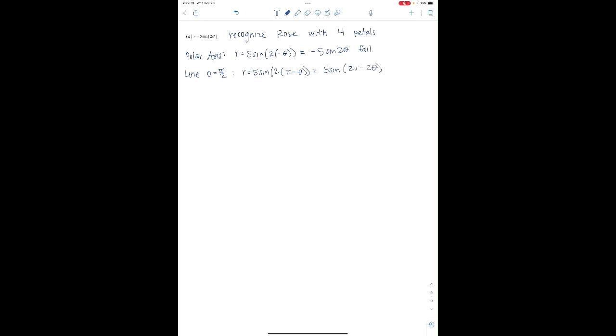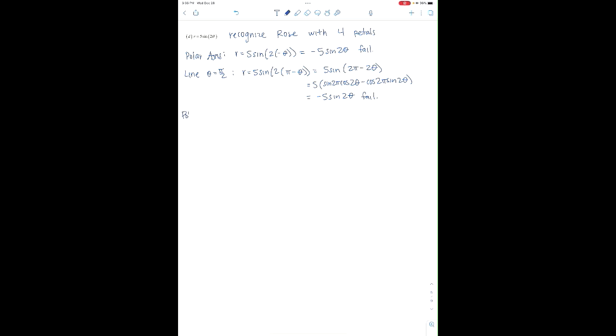Use our trig identities: 5 times sine 2 pi cosine 2 theta minus cosine 2 pi sine 2 theta. If we simplify that, we'll get negative 5 sine 2 theta, which is a fail again, so it might not be symmetric to the line pi over 2.